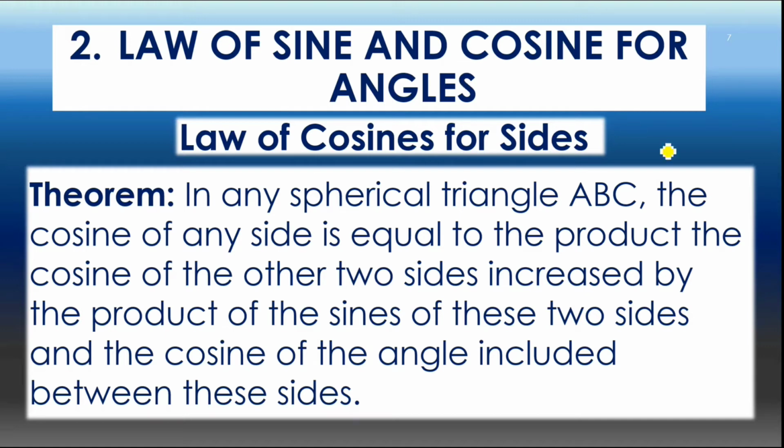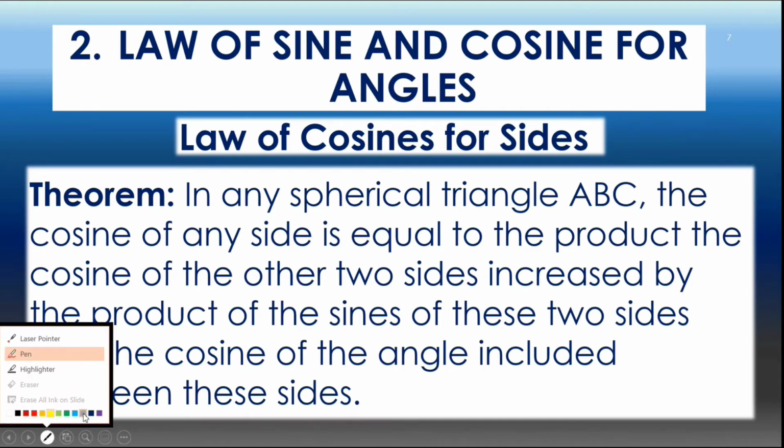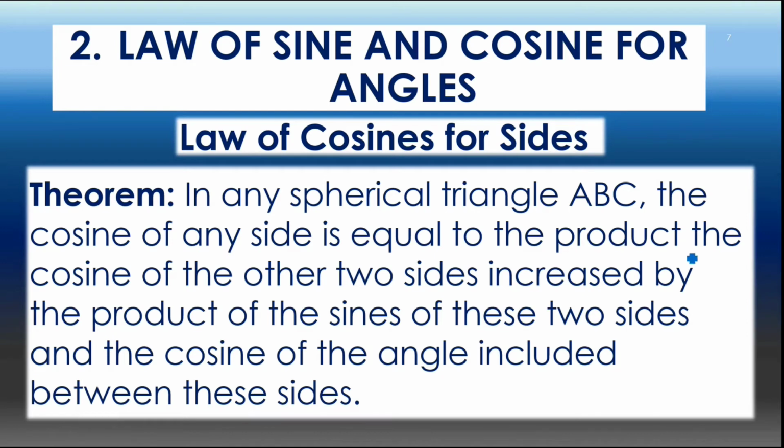Let me just correct this, it should have "of". So to the product of the cosine of the other two sides increased by the product of the sines of these two sides and the cosine of the angle included between the said sides.